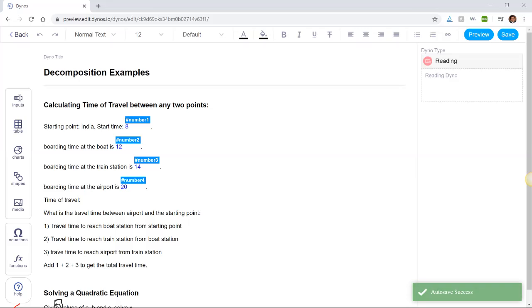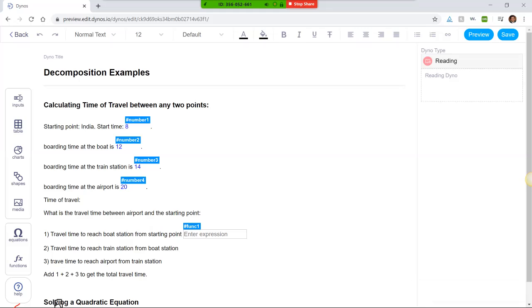So now, for step 1, what would be the formula to reach the board station from the starting point? It would be number 2 minus number 1, correct? Yes.